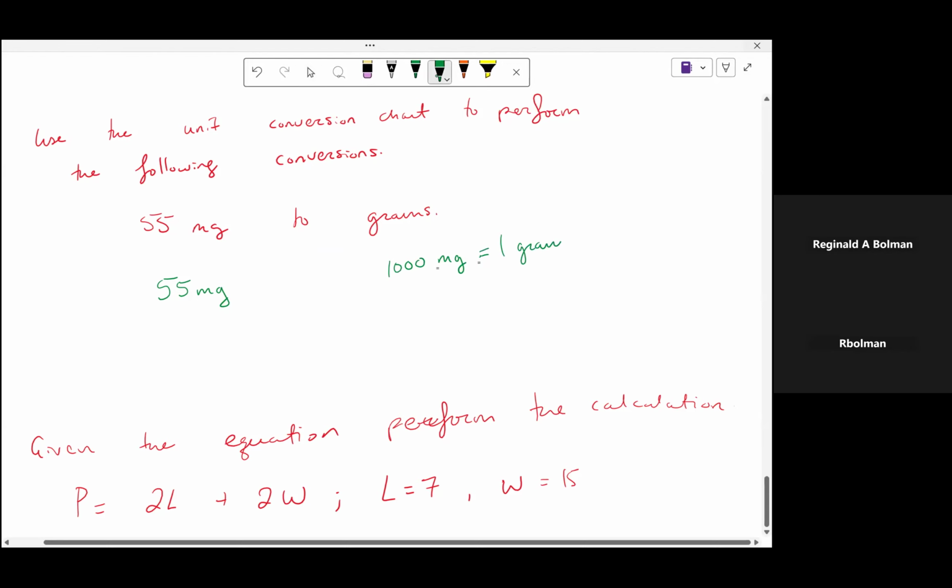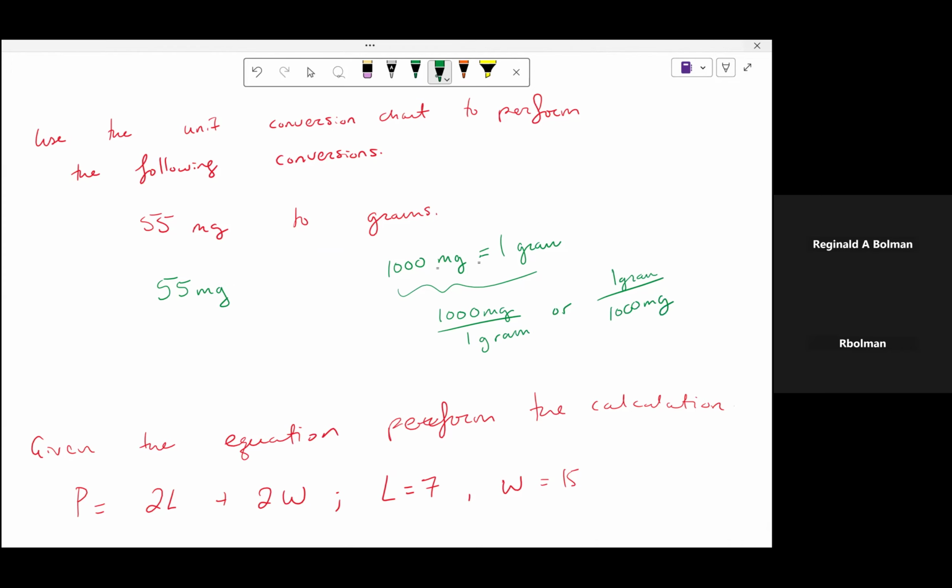So how you can interpret this particular statement is as follows. You may interpret this as being 1,000 mg over 1 gram, or we could interpret this as 1 gram to 1,000 mg. Now we have to select which one of these rates we're going to use as a conversion for converting 55 milligrams to grams.